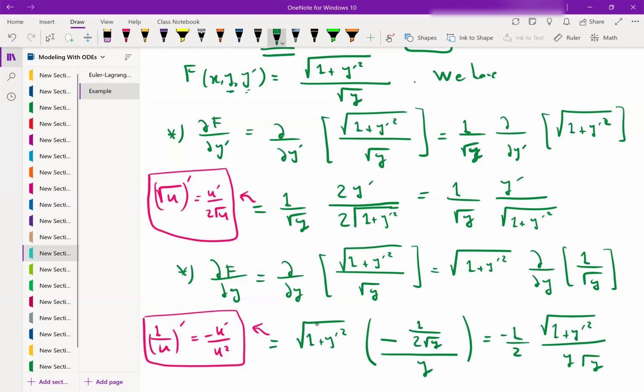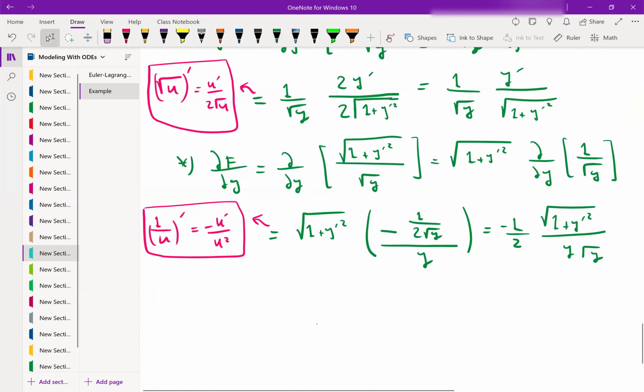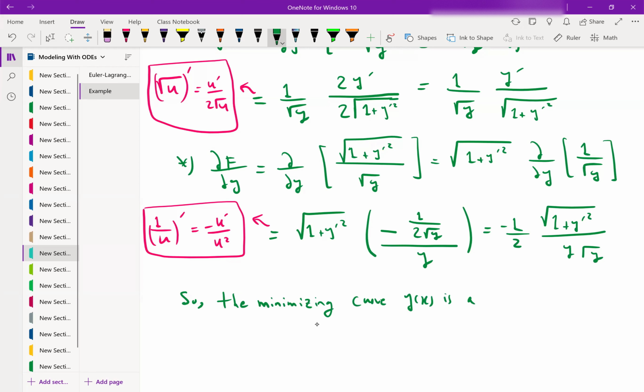Now that we have this, what is the differential equation that we need to solve? Let me rewrite what we are doing, making sure that everybody is following what's happening.